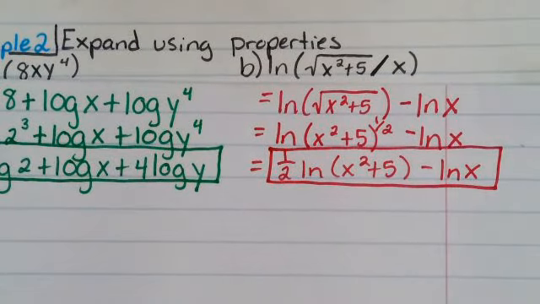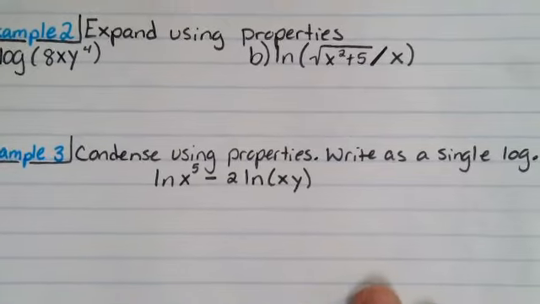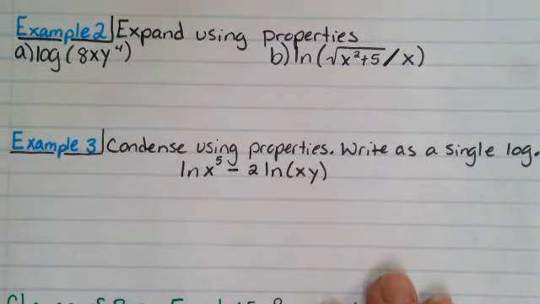All right. Last one we're going to do is a condensing problem for this video, and then I will cut it off and we'll make a part 2 for the rest of it. Okay? So example 3, you're seeing here, they said condense using properties, write as a single log. So instead of writing it out as multiple logs that are added or subtracted, we're going to write it as one singular log.